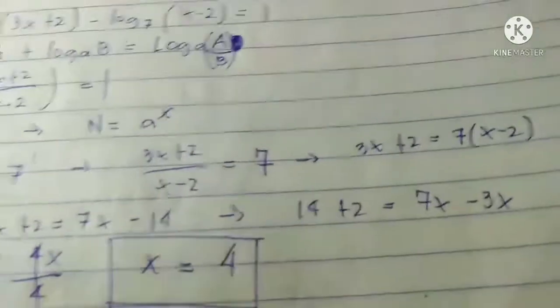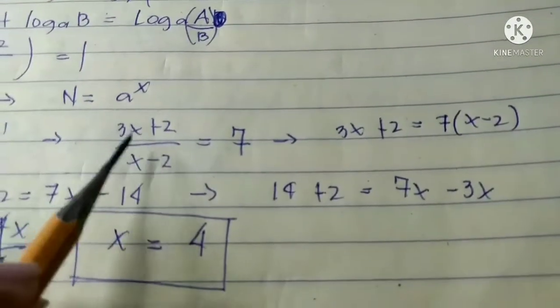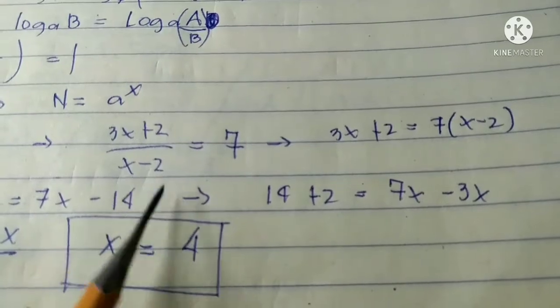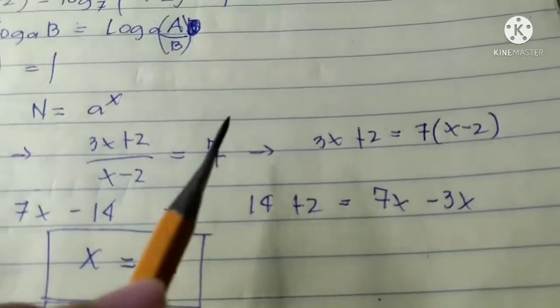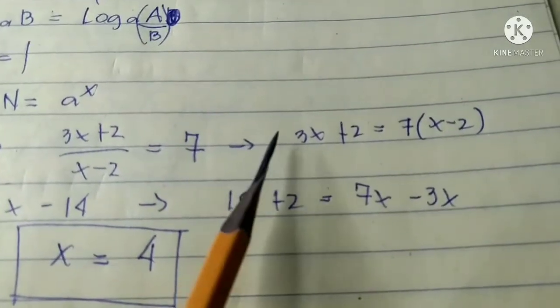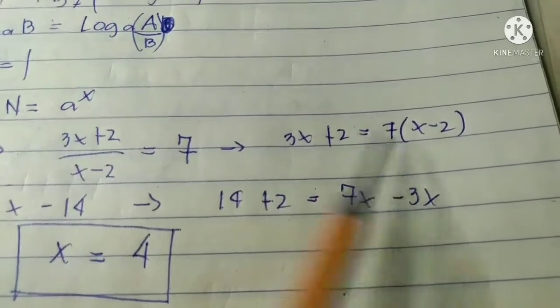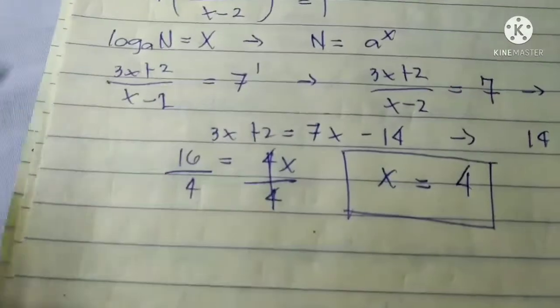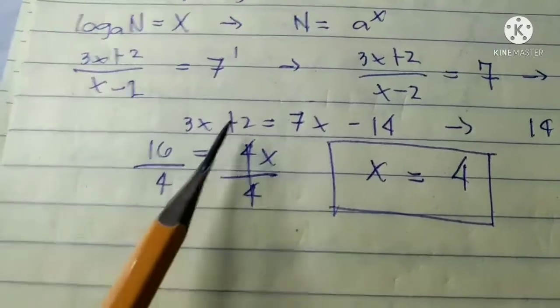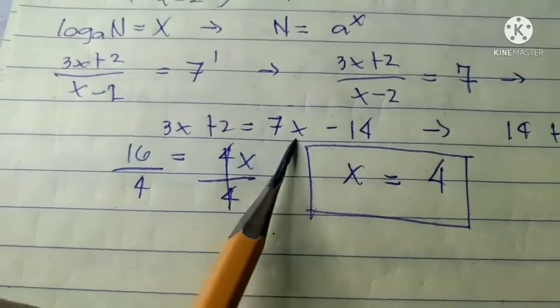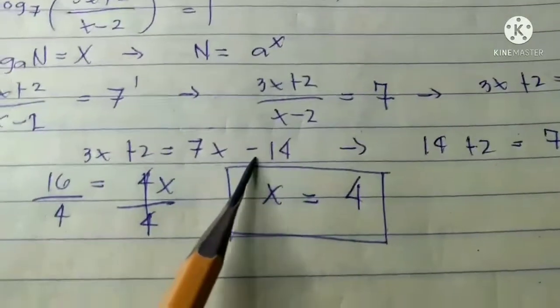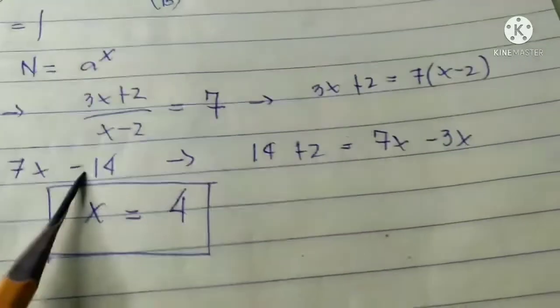Then if we simplify, we will get 3x plus 2 over x minus 2 equals 7. Then if we cross multiply, we will get 3x plus 2 equals 7 times quantity x minus 2. Then simplify, we will get 3x plus 2 equals 7x minus 14.